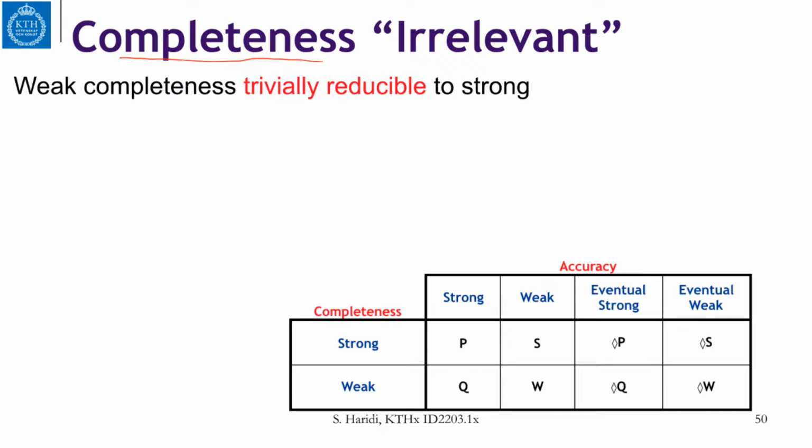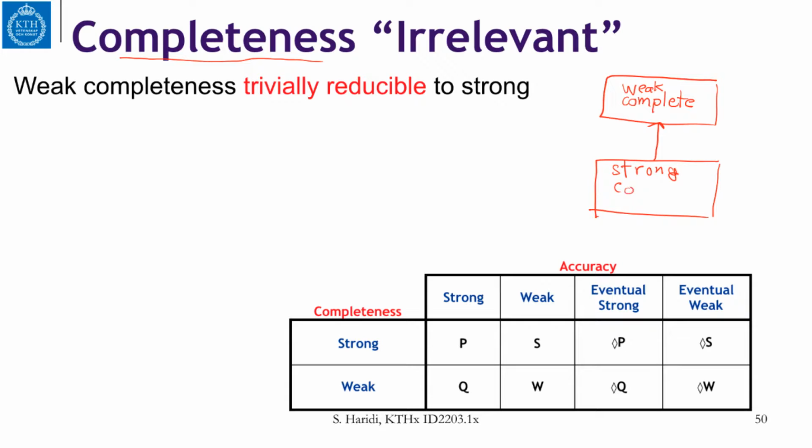And I think this is easy. If we have a failure detector that is weakly complete, then it can always be implemented using a failure detector that is strongly complete. So this is trivial.